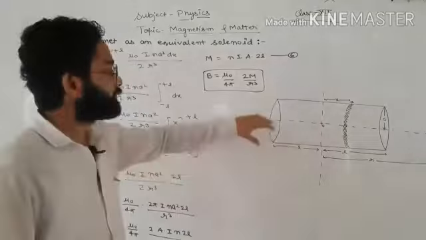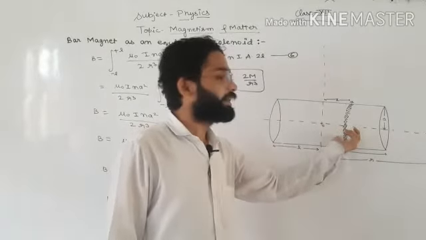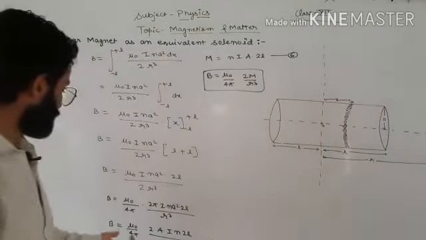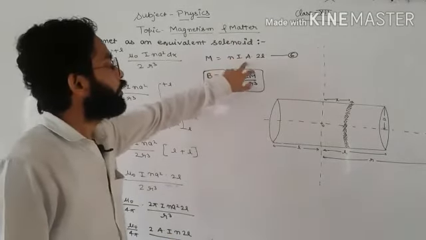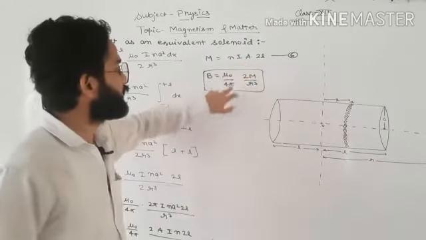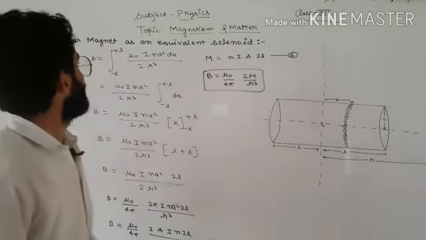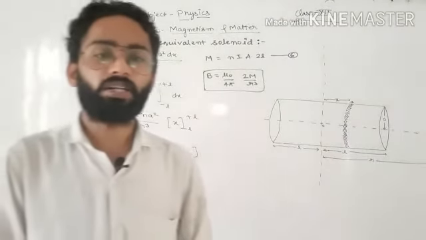Then we found the magnetic field due to this small element, then due to the whole solenoid, and we got this answer. Then if m is the magnetic moment of this solenoid, we put the value and got the magnetic field, and it is proven that a bar magnet behaves like an equivalent solenoid.